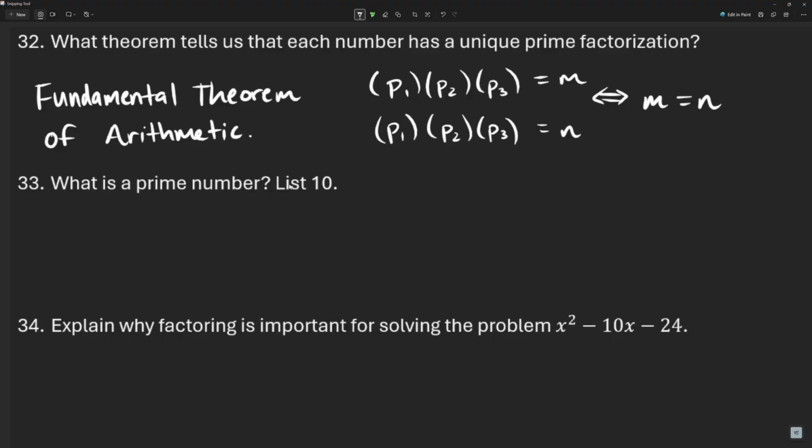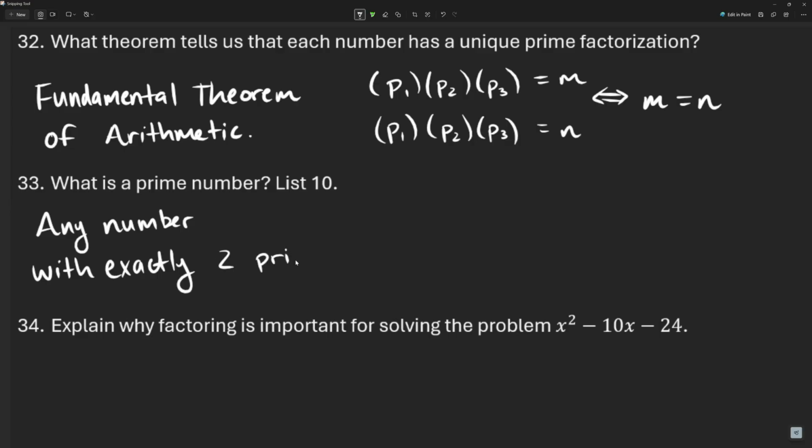Okay. What is a prime number? List 10. Don't worry, I'm not going to list 10, but I can tell you a prime number is any number with exactly two factors, namely 1 and itself.